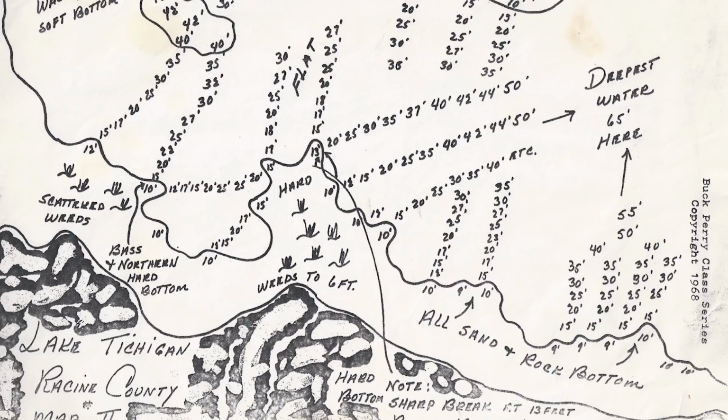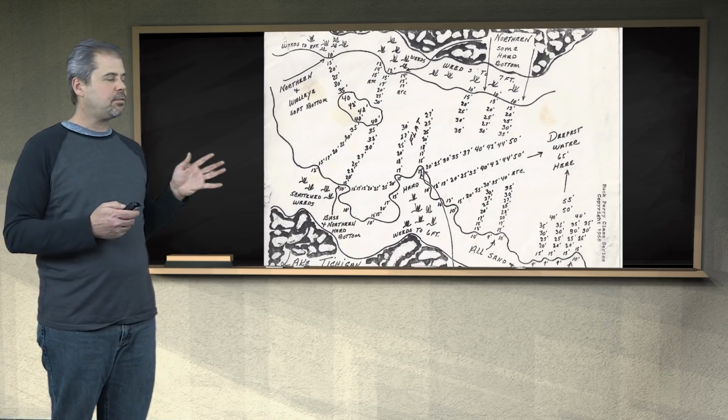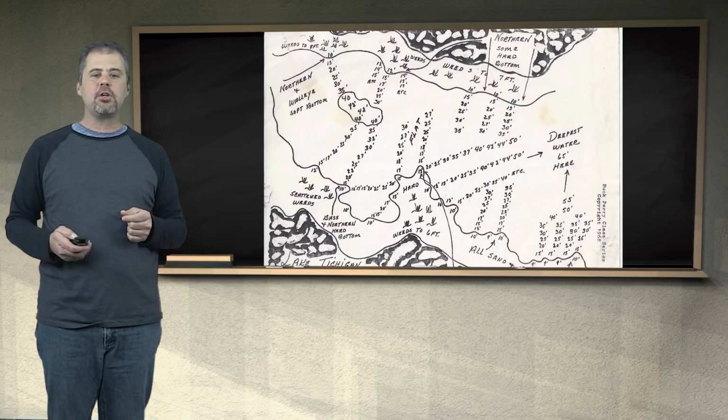He even's got a note here: hard bottom, sharp breaks at 13 feet. Bass and northerns and some walleye. He's got a little circle showing where the deepest water in the area is. He's got all the depths coming off of each bar, so you know how sharp it breaks. This is the kind of information you want to put on your maps.